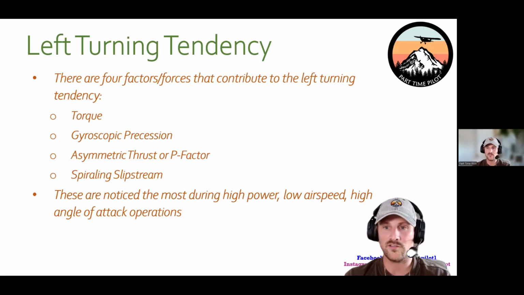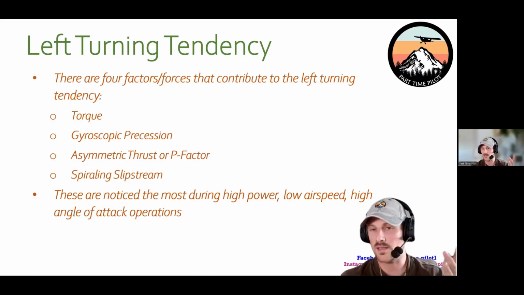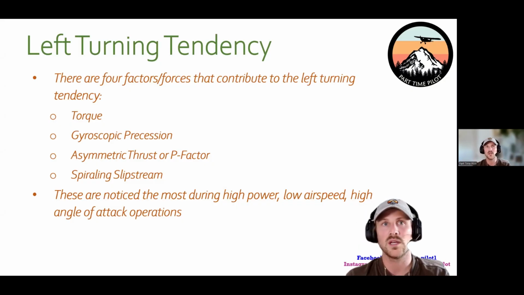Takeoff. Yep, takeoff and climbs too, right? We could be at 2,000 feet and want to climb to 3,000 feet. We go high power, we pitch up, go lower airspeed. That would also be a climb.